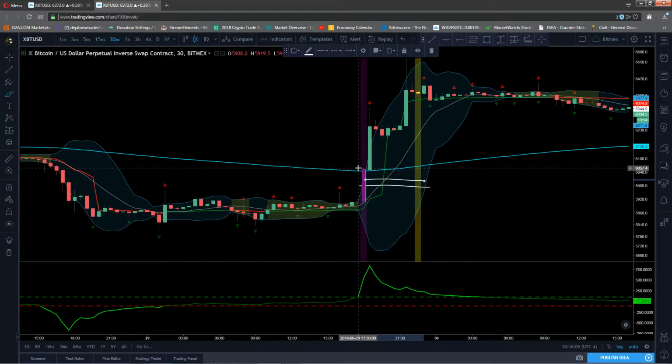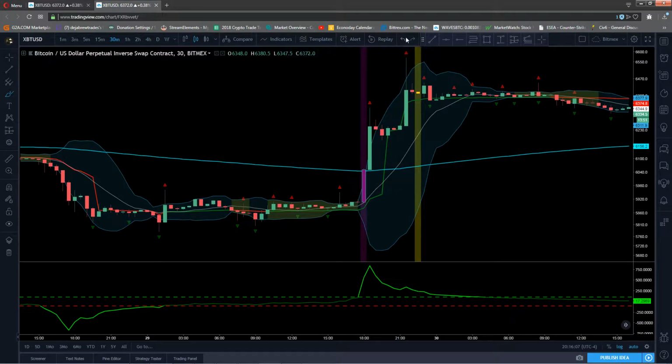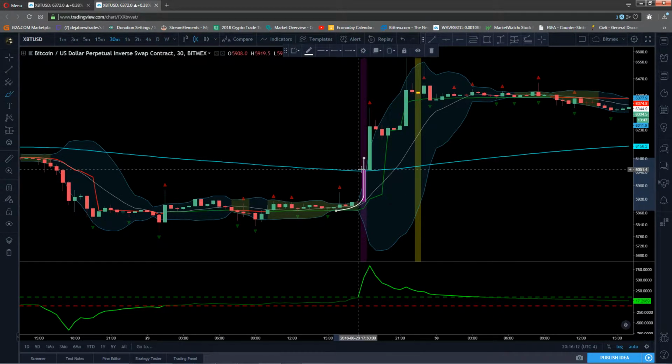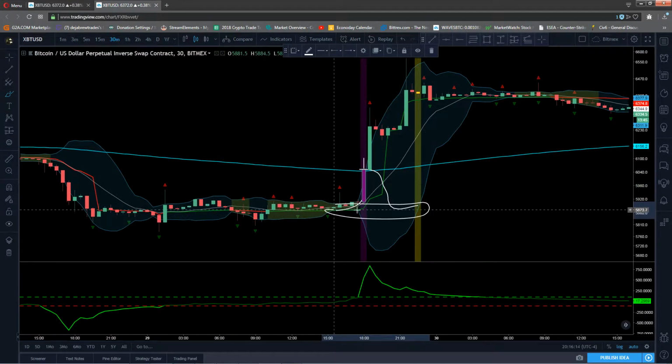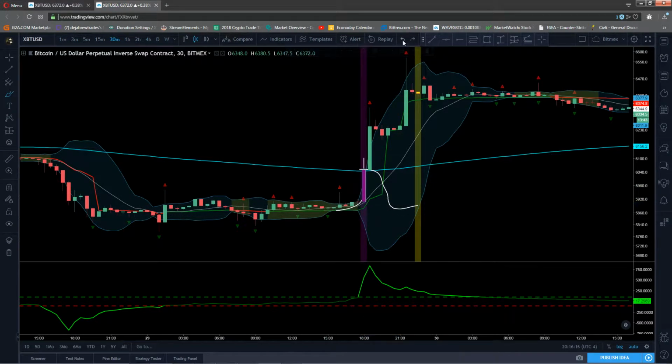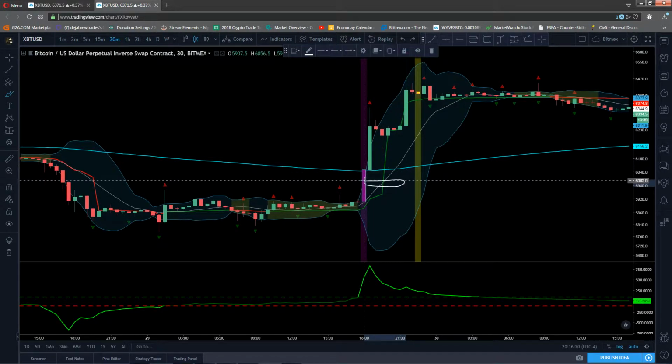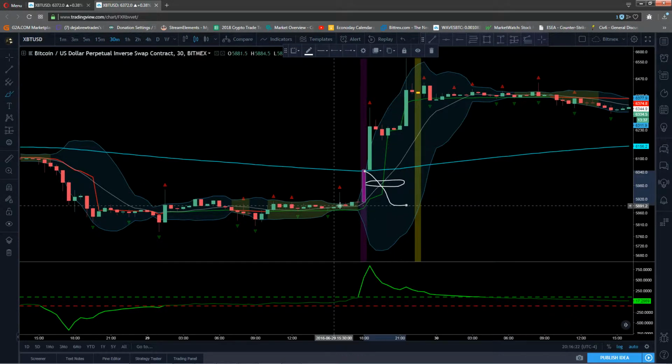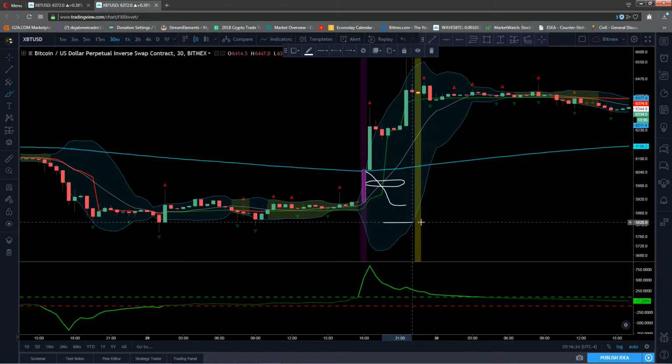You don't want to FOMO into them because a lot of times the buy candles, they can be head fakes where this thing shoots up, but then it fails right back down to the consolidation. So worst case scenario, if you waited for the pullback, you would have got in, say, here. So if this head faked you, you would still have a tight stop loss, which is like here, and you wouldn't have got stopped out.